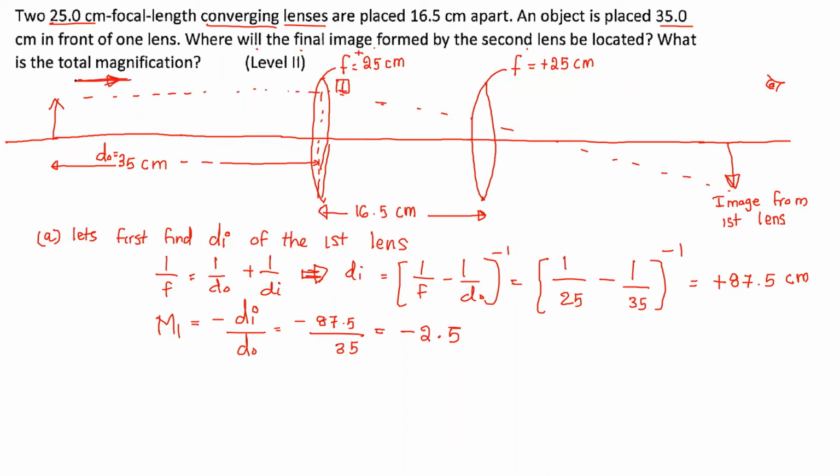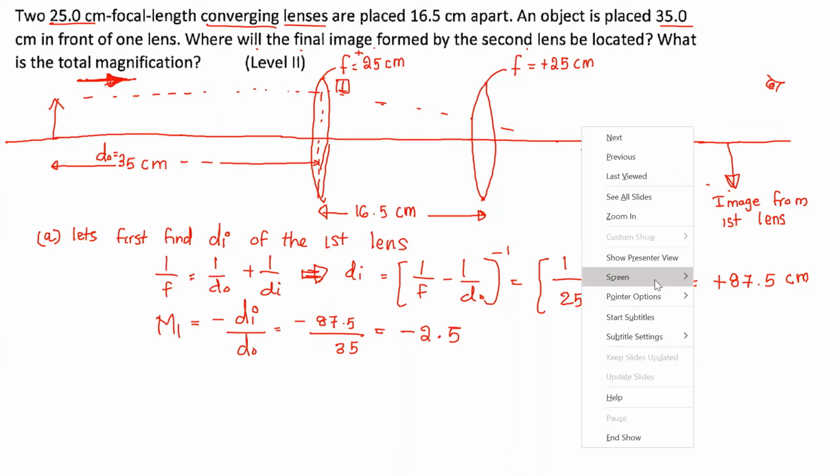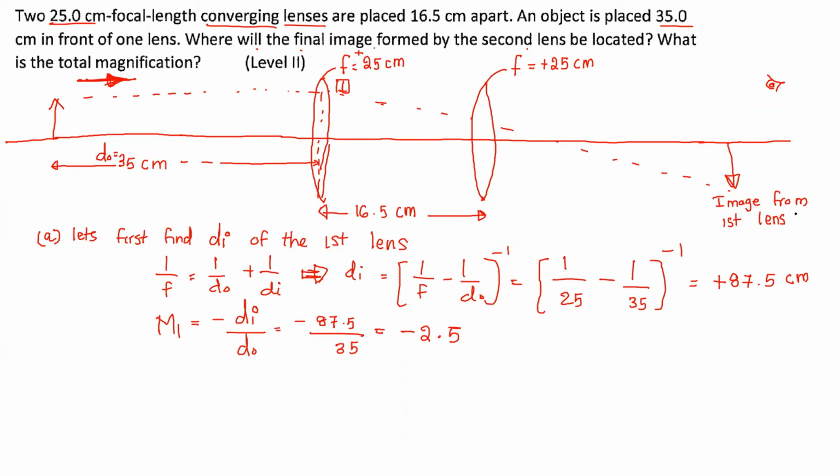Although it made the image here, still light is coming from this side. And the image formed by your first lens is the object to your second lens. That is the most important thing. So I will use a different color for the other lens. So this is the image from the first lens and object to the second lens.